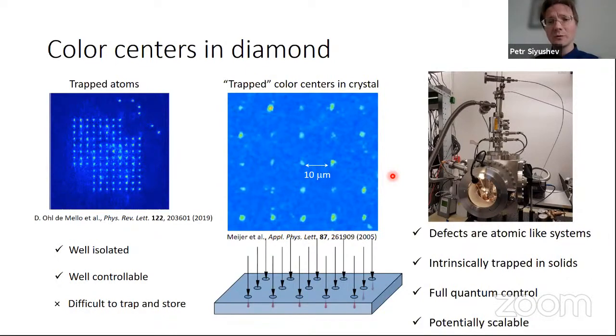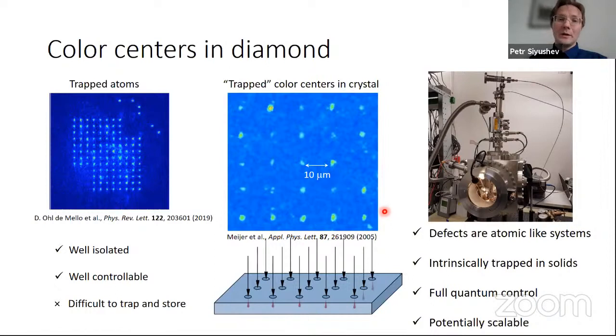Diamond in particular is good for this application because it has a 5.5 electron volt band gap. Some of them also provide very good quantum control over the spin state. And if we talk about quantum information processing, these systems are potentially scalable.